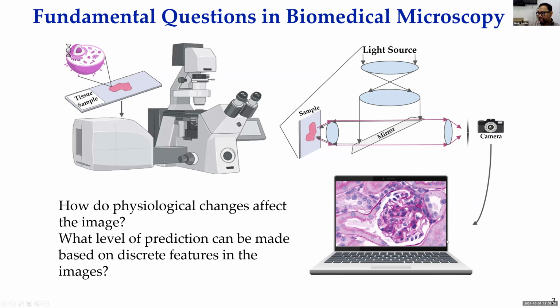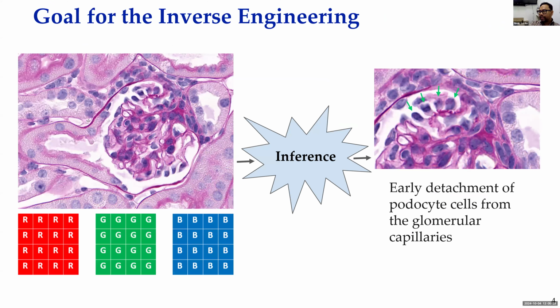And once these changes are there, what can we do to understand the minute information there, and how can we understand in a reverse way what is happening in this image?